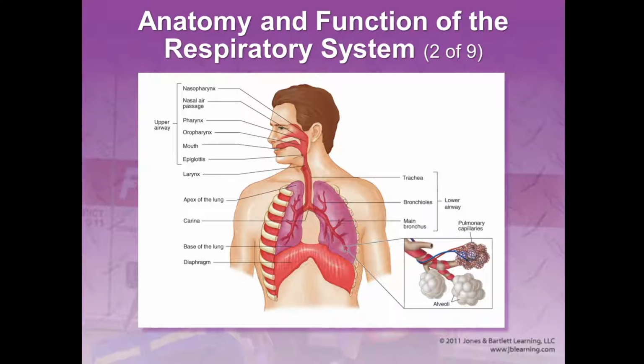So you breathe in with a deep breath, pulling that fresh oxygenated air into your lungs. Once the oxygenated air gets down all the way to the pulmonary capillaries, that is where the gas exchange happens.